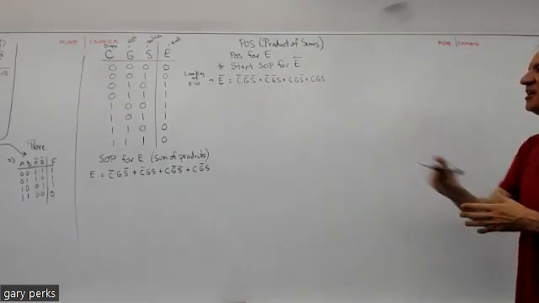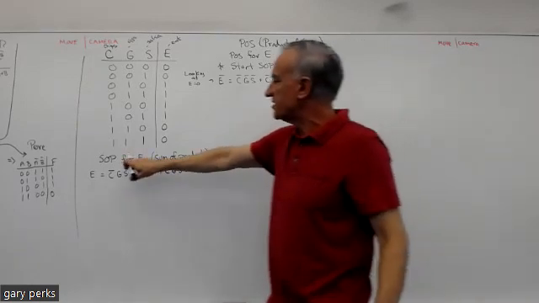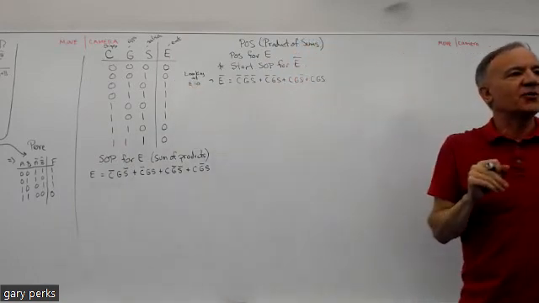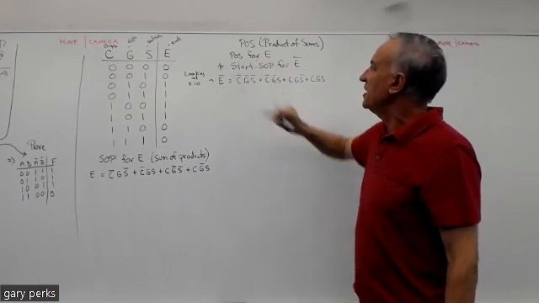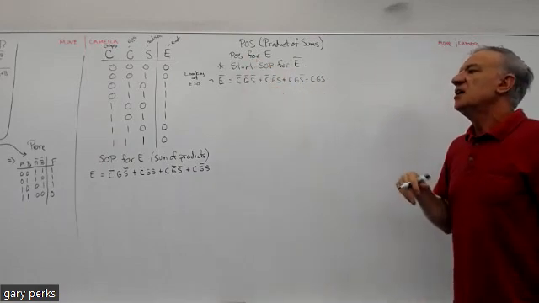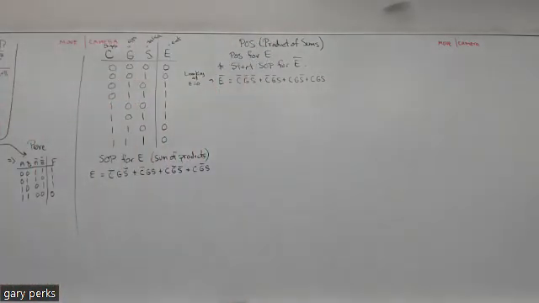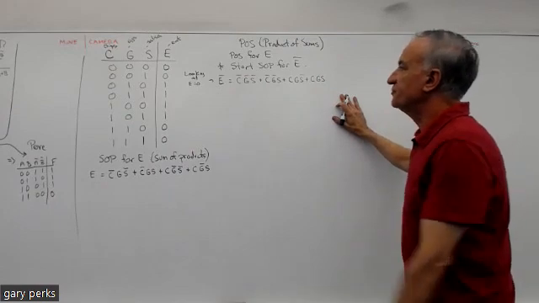Okay, so any questions on how I got this SOP for not E? It's the same thought process as getting SOP for E, except I'm looking at where E is 0 instead of when E is 1. And again, this is what we have to do first if we want to get POS for E. The next thing we're going to do, and this is part of the derivation, is that we're going to not both sides of this equation.